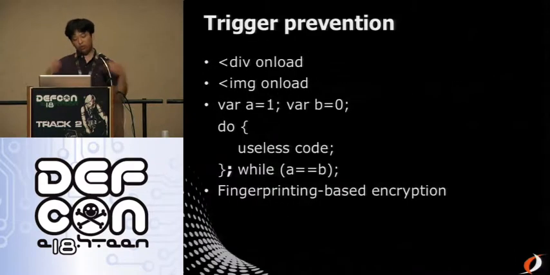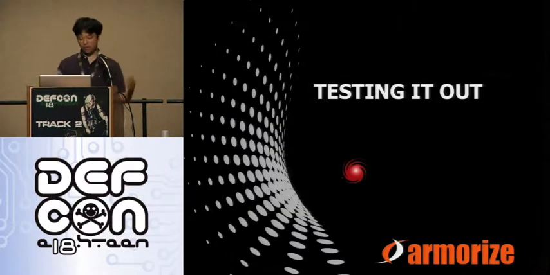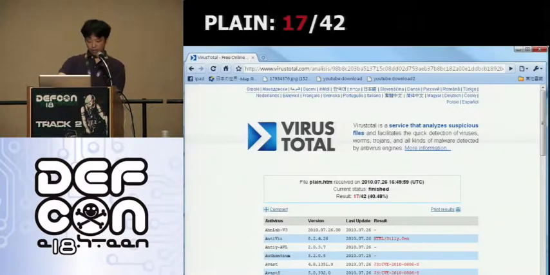Okay, so we implemented some of these in Drivesploit, and then we tested it out. We generated the XML files, uploaded them to VirusTotal, and used IE peers as the JavaScript exploit.